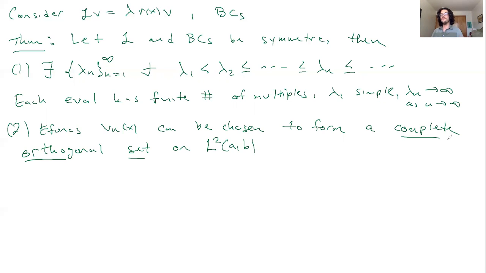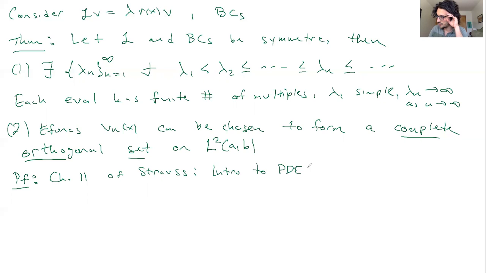Well, because it means we can make any function that we like by linear superposition of these functions. And it's not going to be hard to extract those coefficients due to the orthogonality that we have. The proof of this, I will refer you to chapter 11 of Strauss's Intro to PDE book.